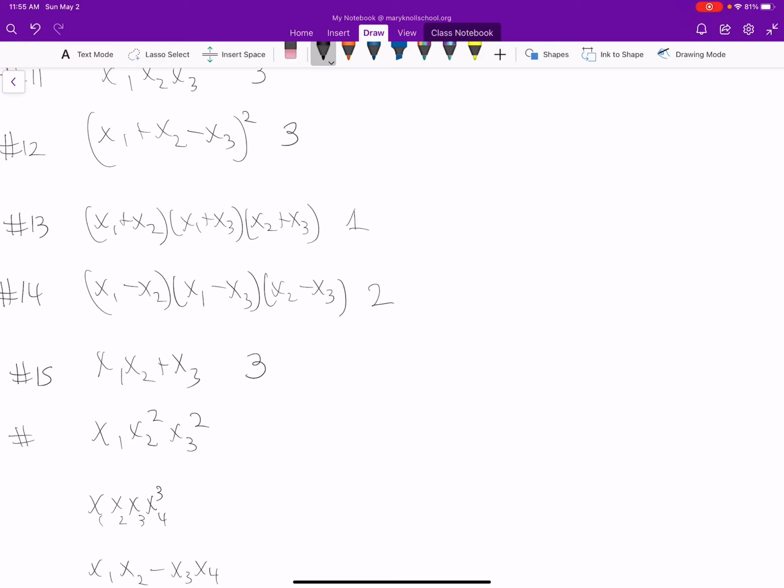I believe in the back of the book it says 6, but the answer is actually 3. Because if we're looking at this one right here, we can see that we can put two different ones inside there. Three different ones.